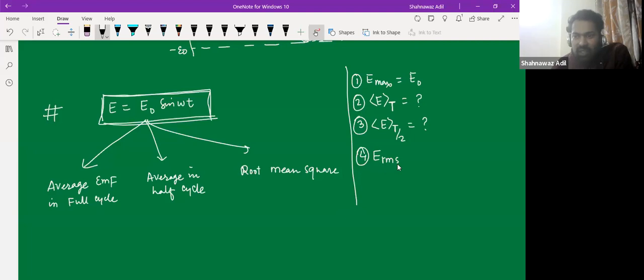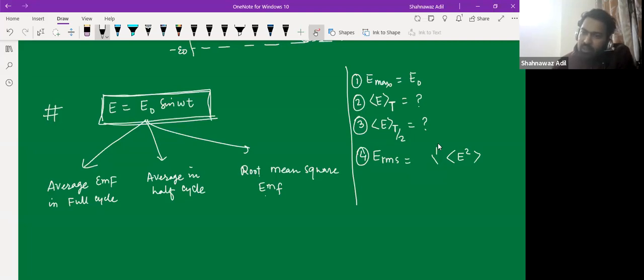So if we write it in the reverse order, we are writing mean square EMF, right? So root mean square EMF. First we have EMF, and then what do we do? We square it, and then we take the mean, and then we take the root.